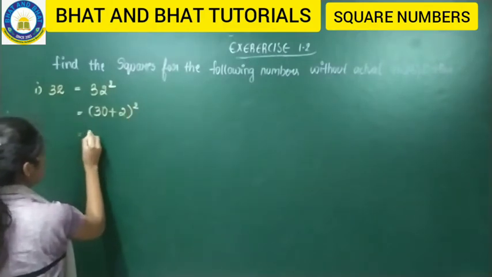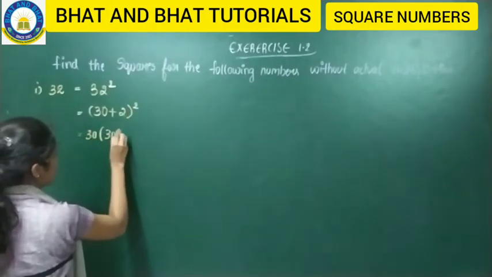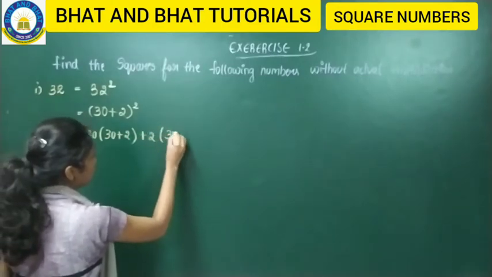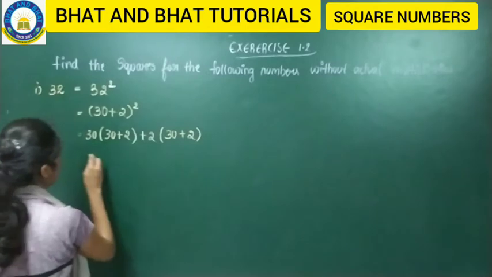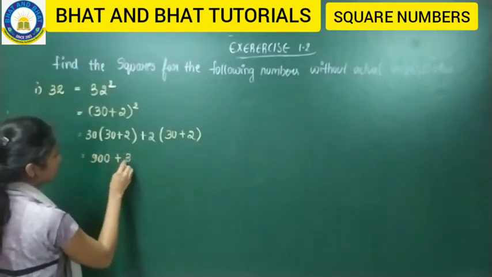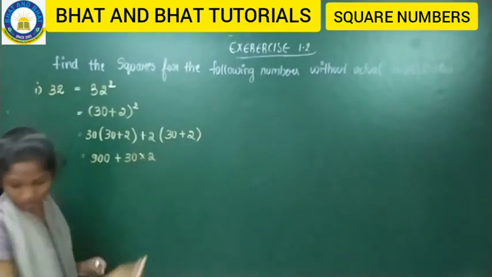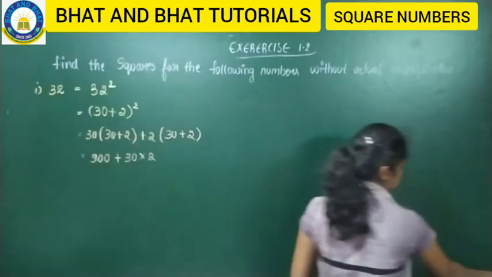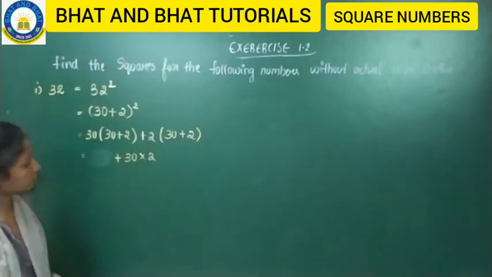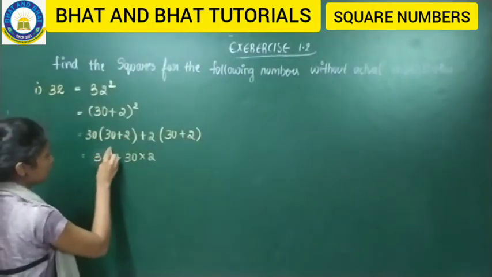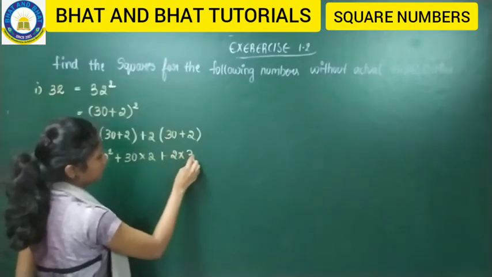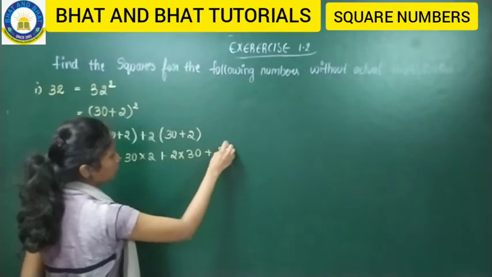So now it is 30 plus 2 and again plus 2 over here and 30 plus 2 here. Sorry, here you will be writing 30 square. Since it is the second step, you will be writing 30 into 30, 30 square, plus 2 into 30, plus 2 square.